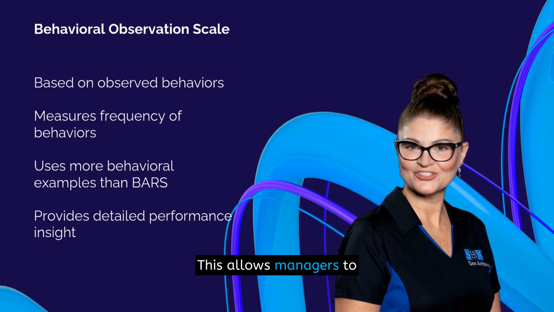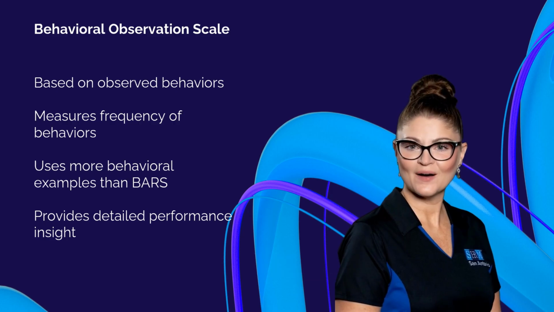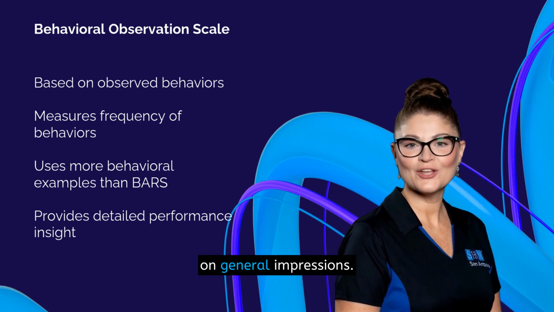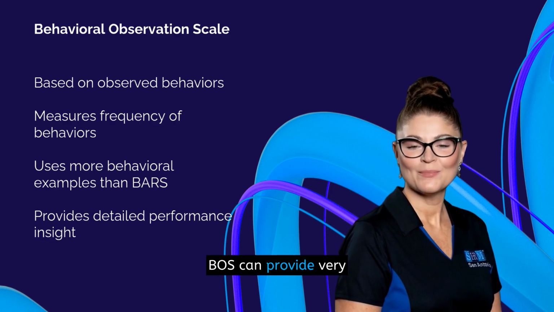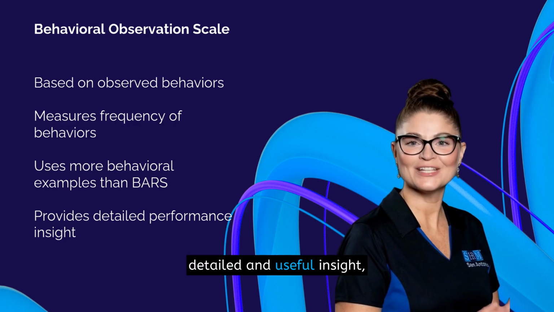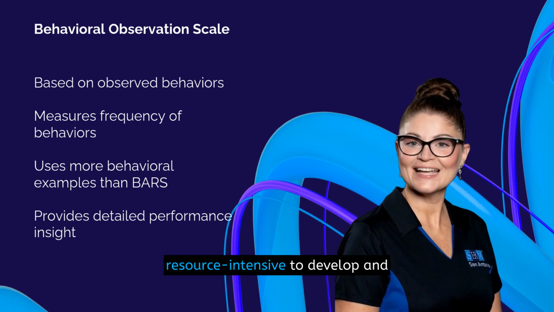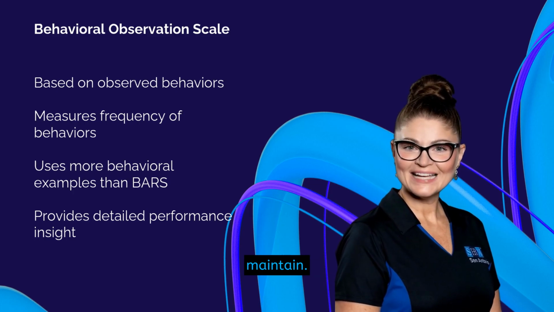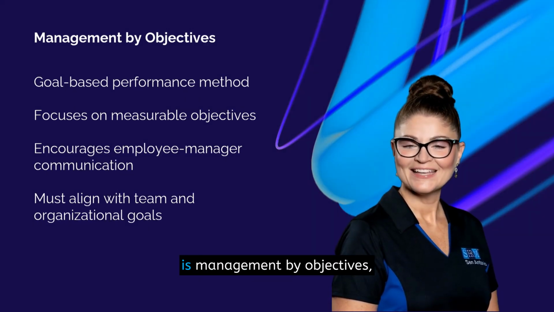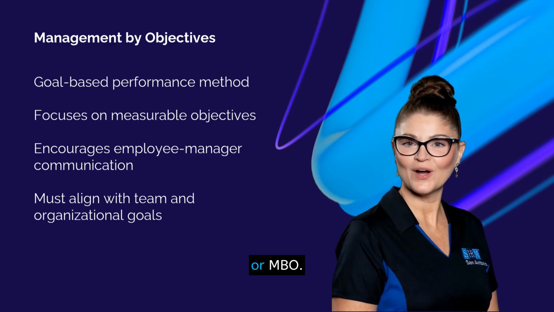This allows managers to assess patterns of behavior rather than relying only on general impressions. BOS can provide very detailed and useful insight, but it can also be more time-consuming and resource-intensive to develop and maintain. The final rating method is management by objectives, or MBO.